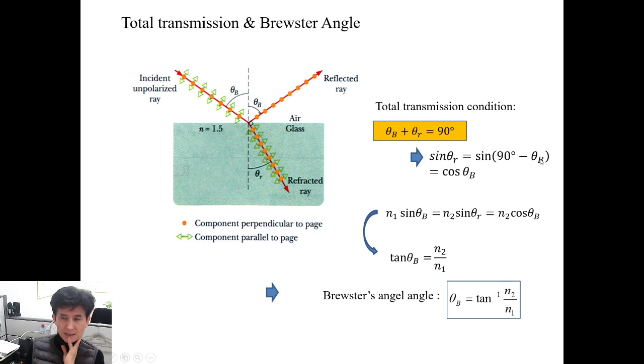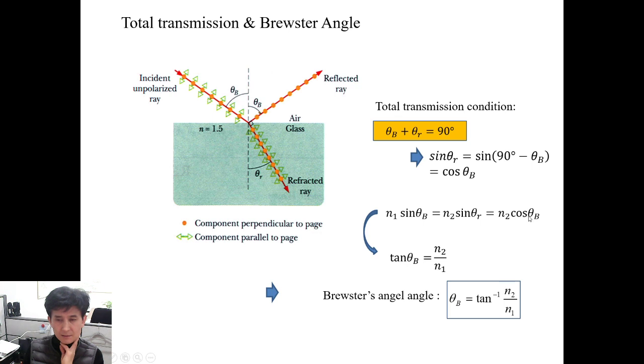Sine of 90 degrees minus a certain angle is equal to cosine of the angle. So from Snell's law, it is n1 sine theta b for the input beam, and n2 sine theta r for the transmitted light. Then, as I just derived, sine theta r becomes cosine theta b, so I can rewrite sine theta r as cosine theta b.